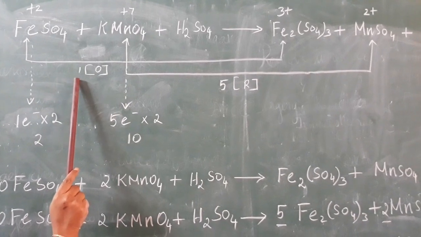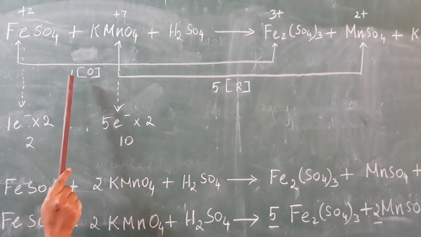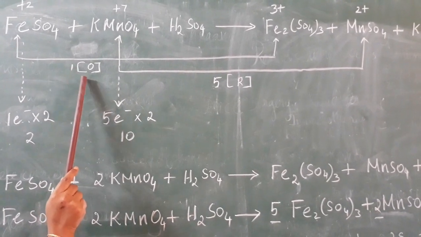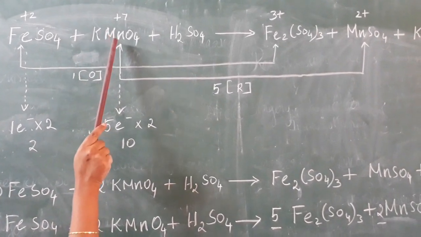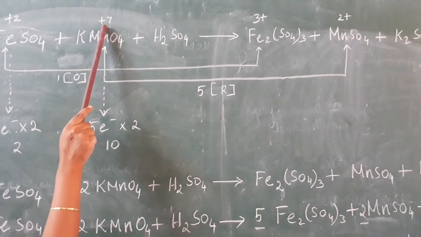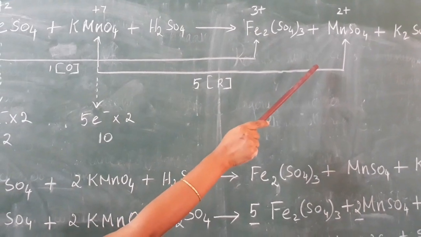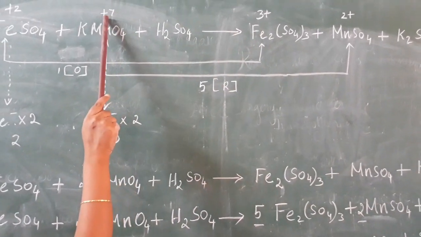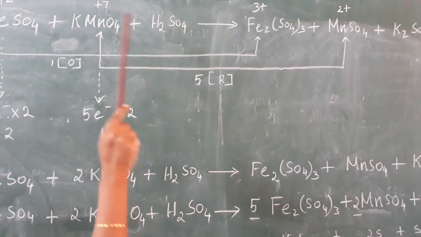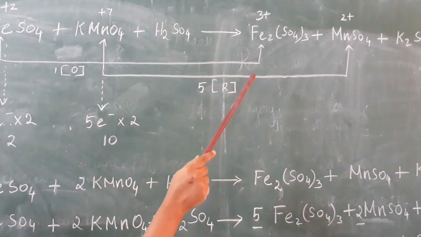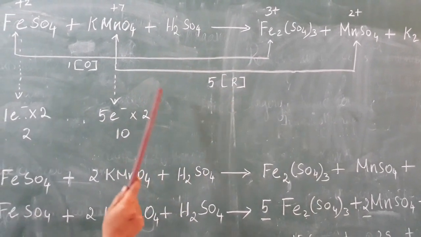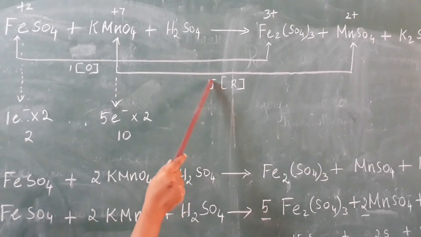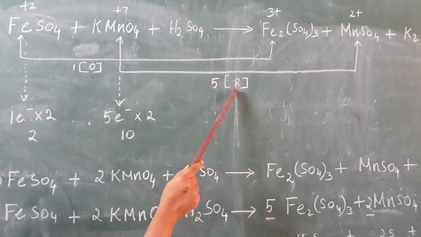So one electron is lost. So this is oxidation. The next one, manganese. Manganese here is +7, and on the product side manganese is 2+. So the oxidation number is decreased. Oxidation number decreased means electrons are gained. How many electrons gained? 5 electrons are gained. So it undergoes reduction.